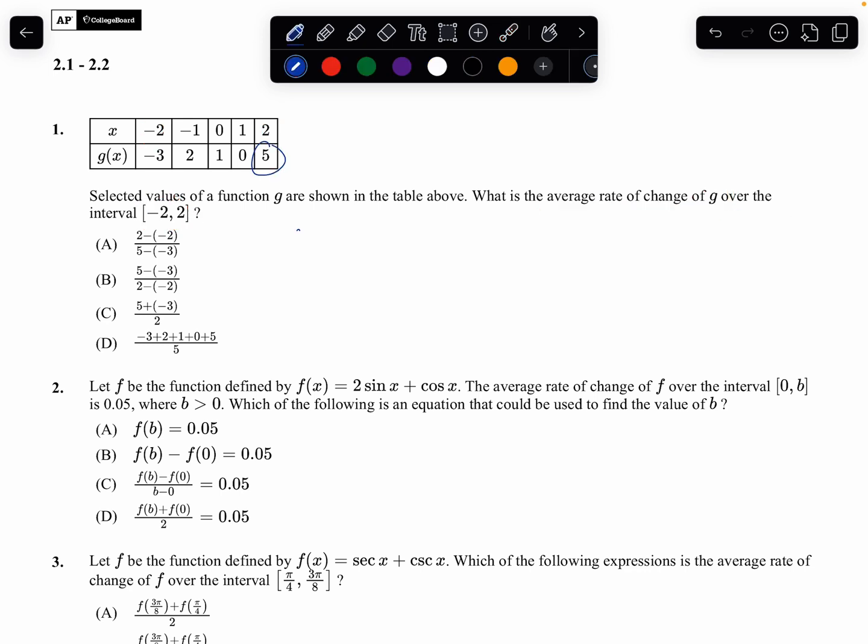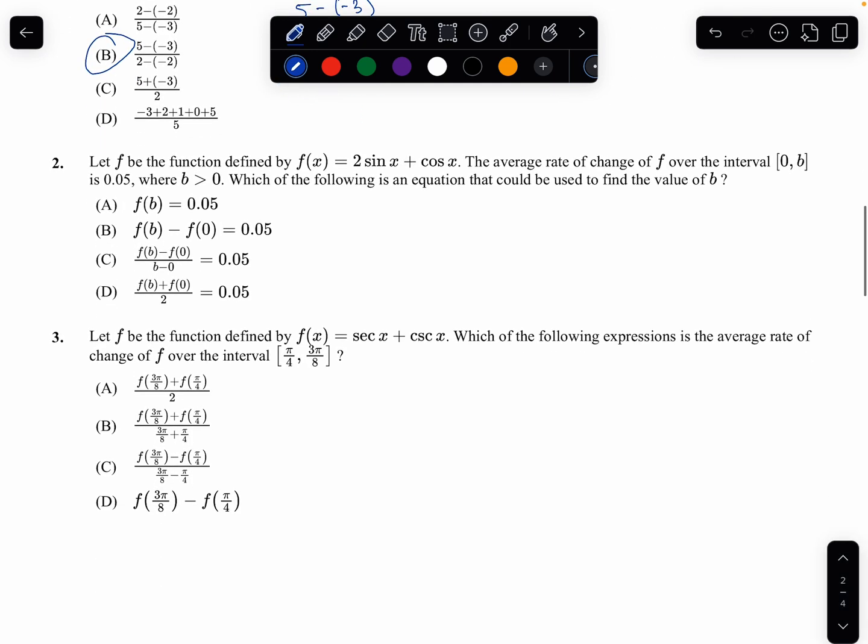So we're going to do 5 minus -3 over 2 minus -2. So it looks like it's kind of left in this sort of notation. So I think it's got to be B. Cool.